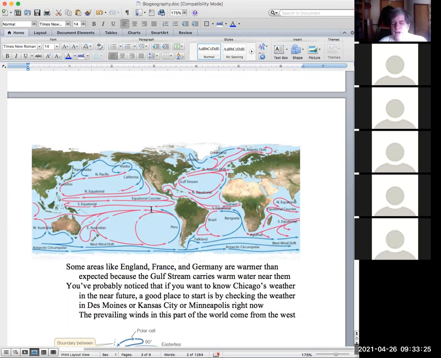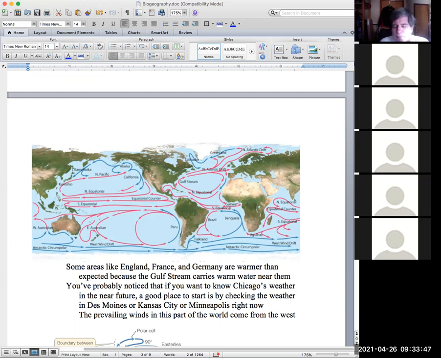These are currents out in the Pacific. And depending on whether it's an El Nino year or an El Nina year, sometimes it's neither, we have unusually warm winters or unusually cold winters. So we want to keep these currents in mind.